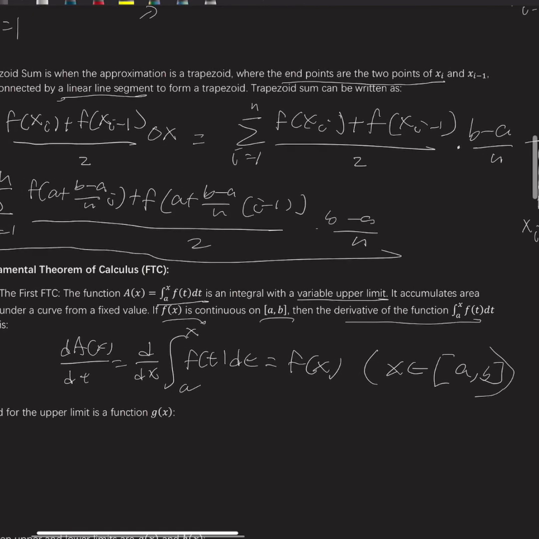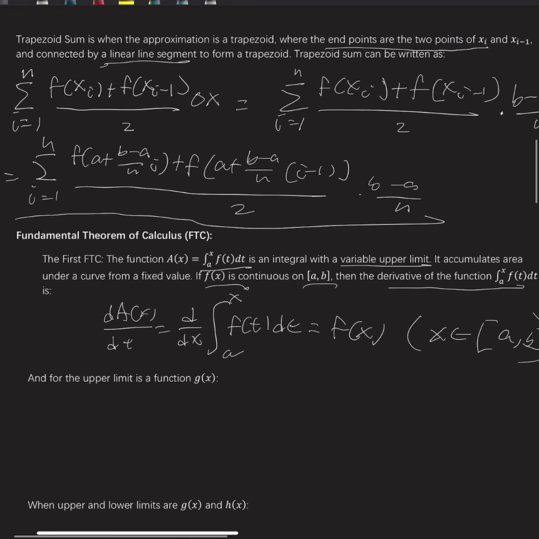So basically, if you have a to x and you're taking the derivative with respect to x, you can just switch the variable inside, which is t in this example, and replace it with your upper limit, which is x.